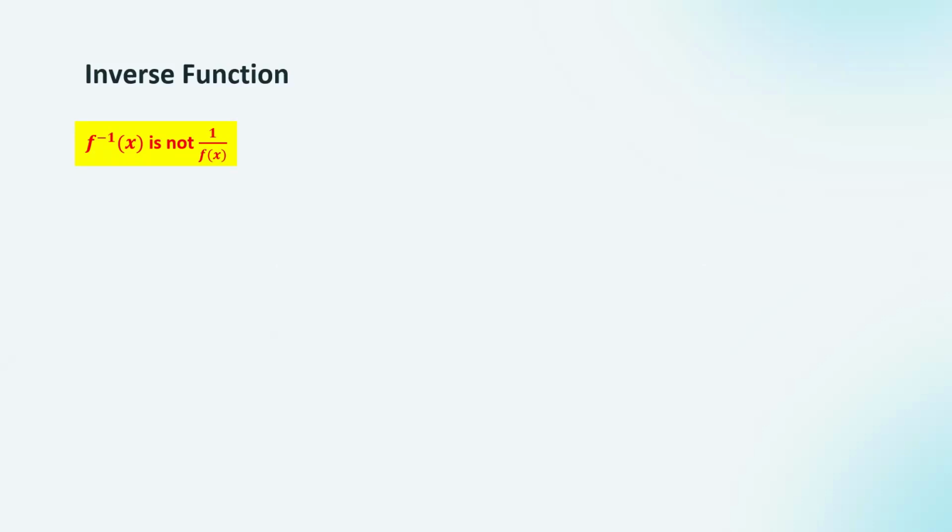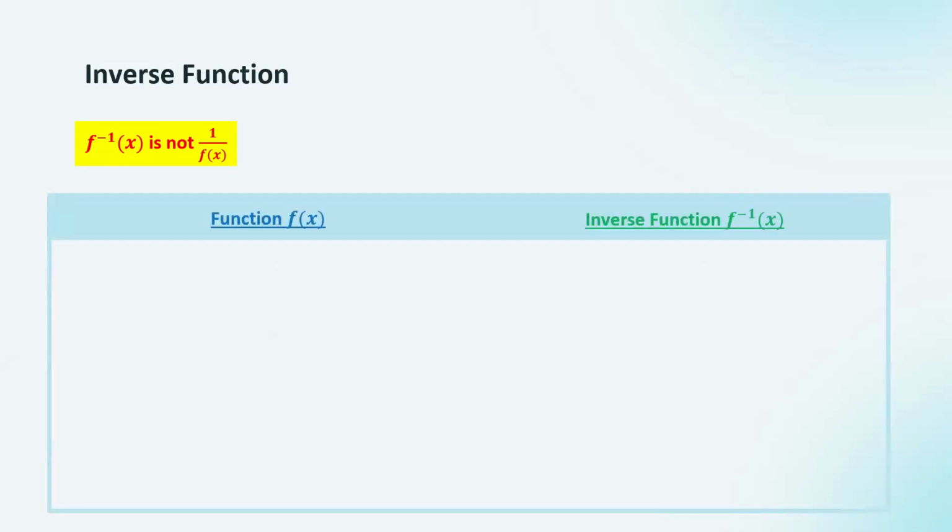Now the next one, I want to talk about the domain and the range of a function and an inverse function. Like we know, a function relates an input, or domain in this case, to an output, or the range. Inverse actually means opposite, right?